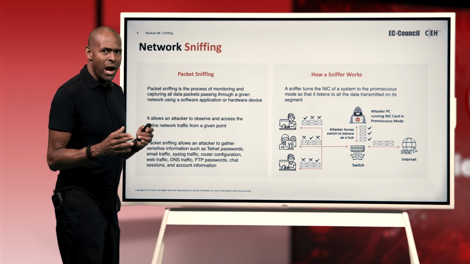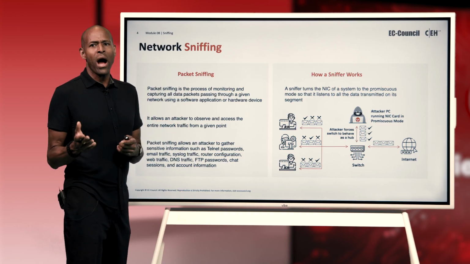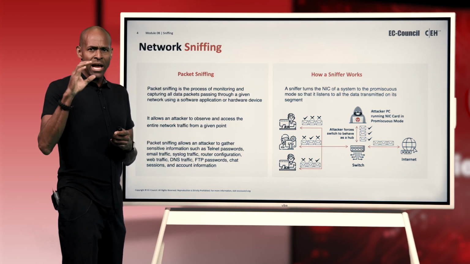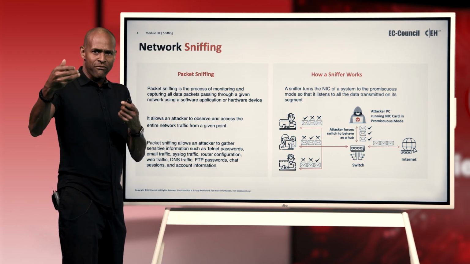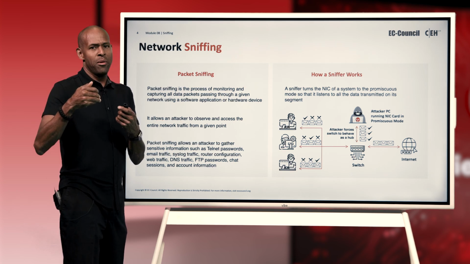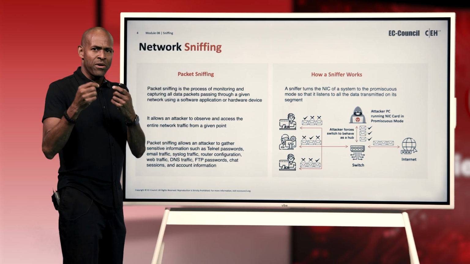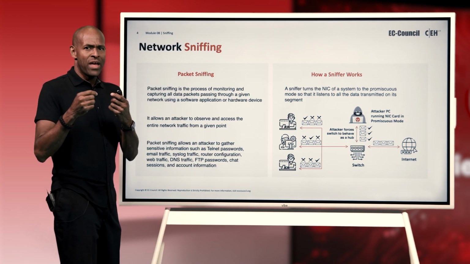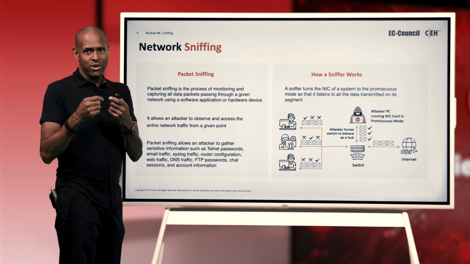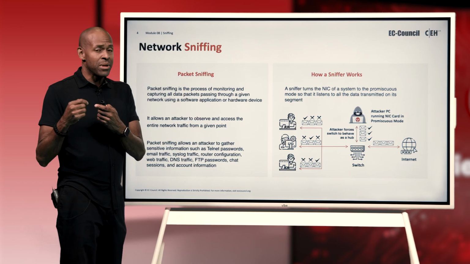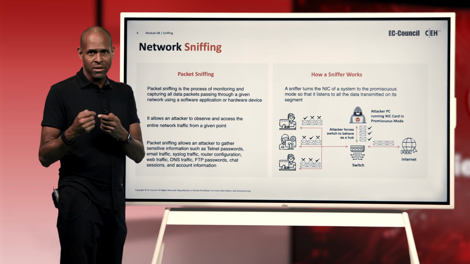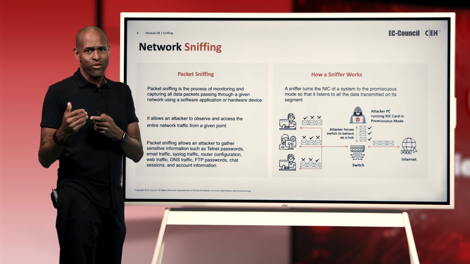It could be a wireless network, or it could be a wired network. And it looks at frames, OSI model, looking at layer 2. And if the to address is the same as the MAC address on the NIC, then it'll process that frame.